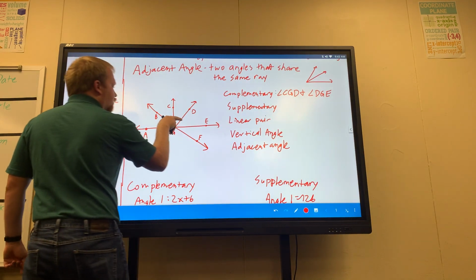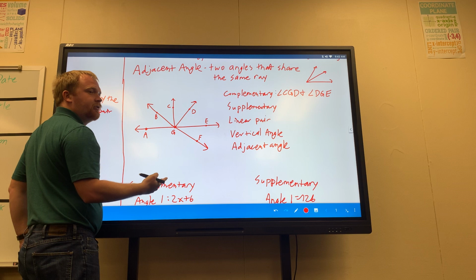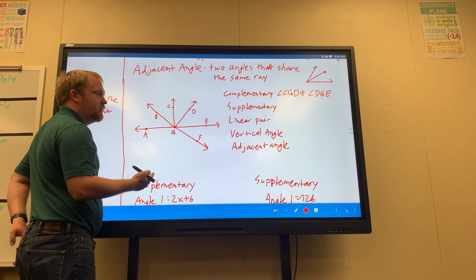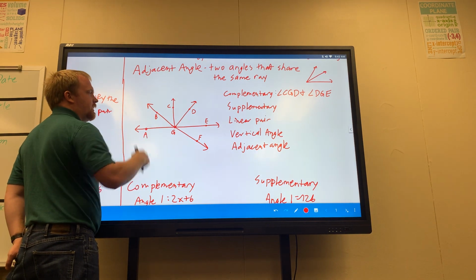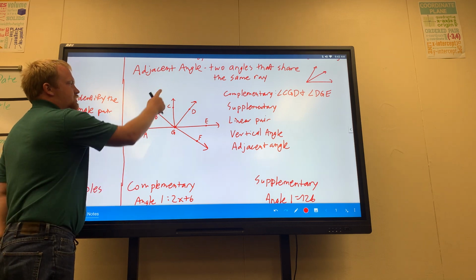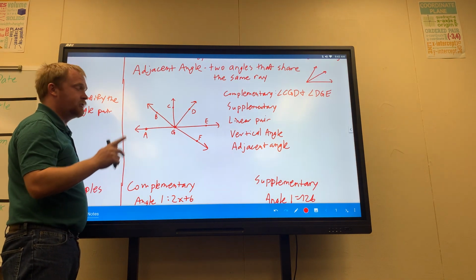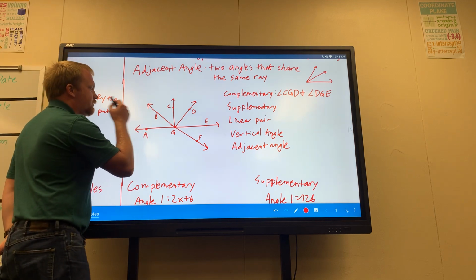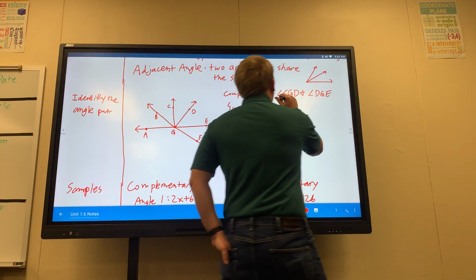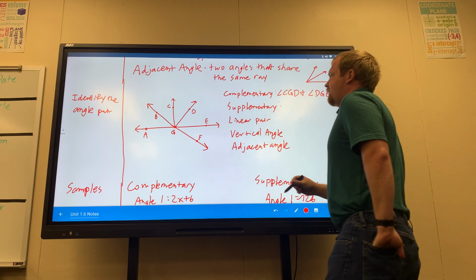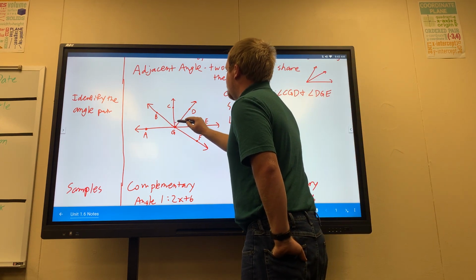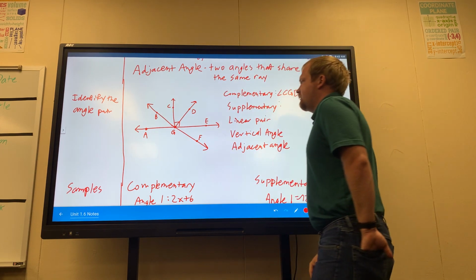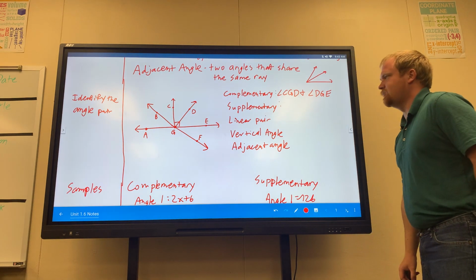Because if I add these two angles together, that gives me 90 degrees. Just by looking at it, I'm just going to assume that this is a right angle. This is the one case, okay? Now, there's more than one complementary angle, and I'm just saying that this will be 90 degrees right there, okay? So just assume that's 90 degrees.